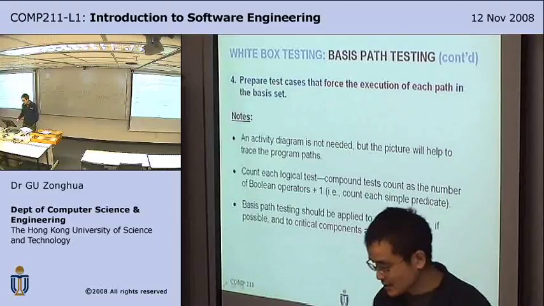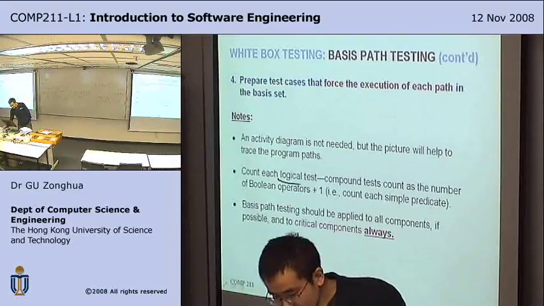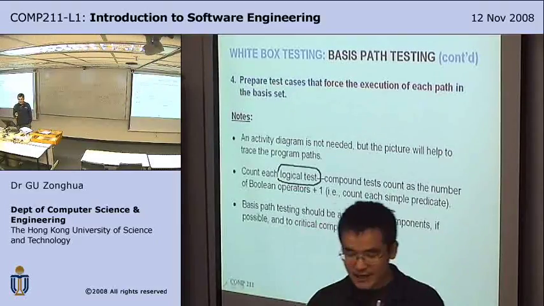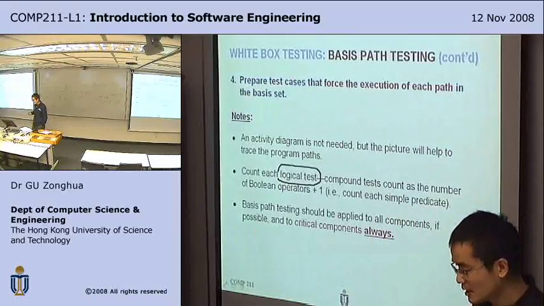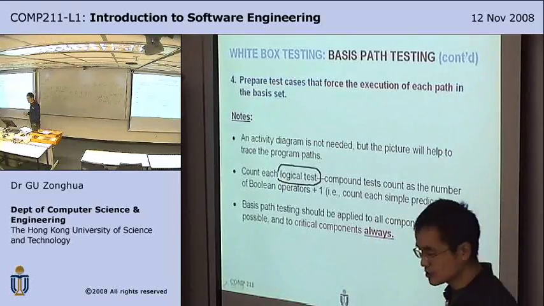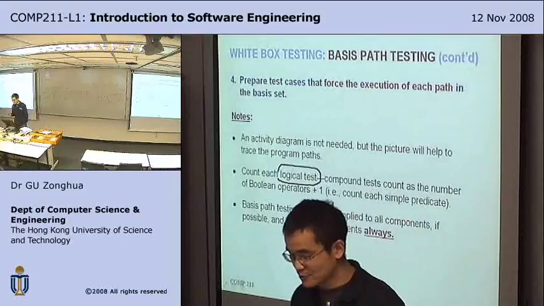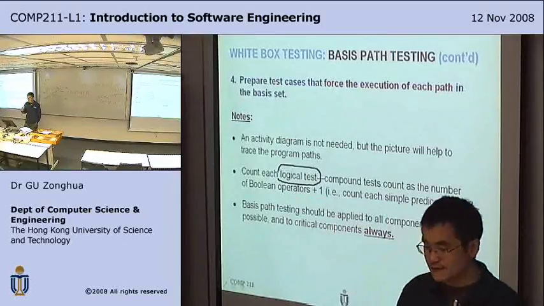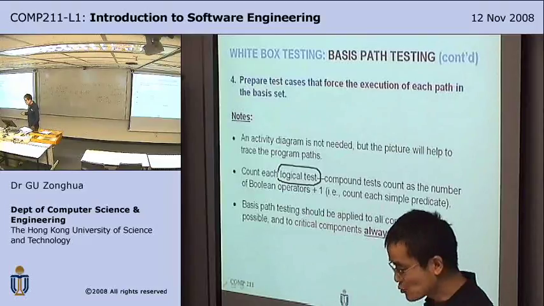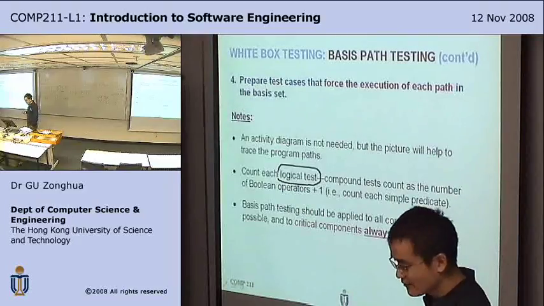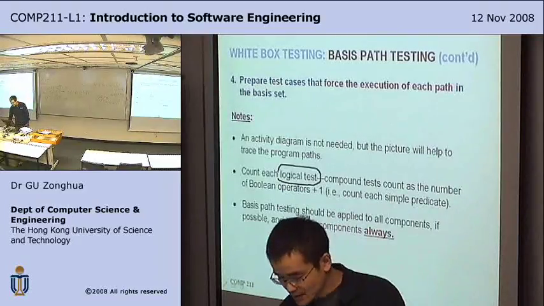A logical test is the test of if then else, or do while, or for. A for loop also introduces a logical test, because a for can be rewritten as if and while. So as long as you have more than one branch coming out of a node, that's a test.